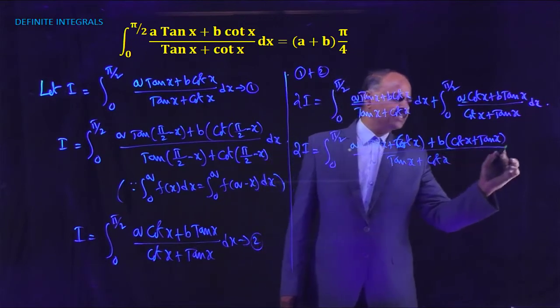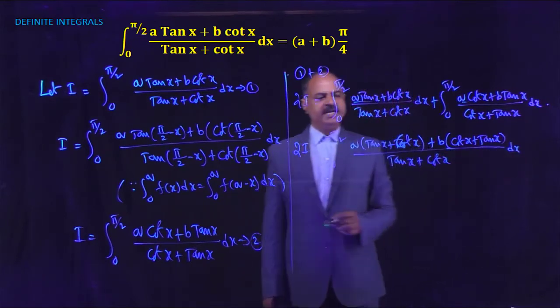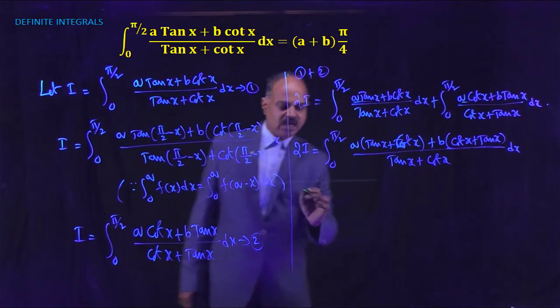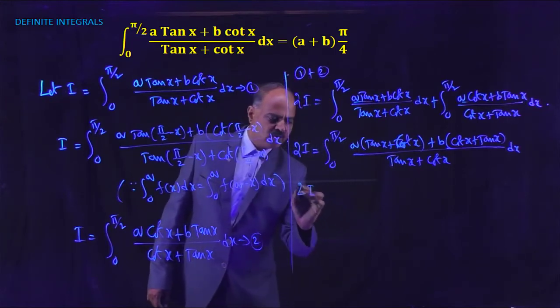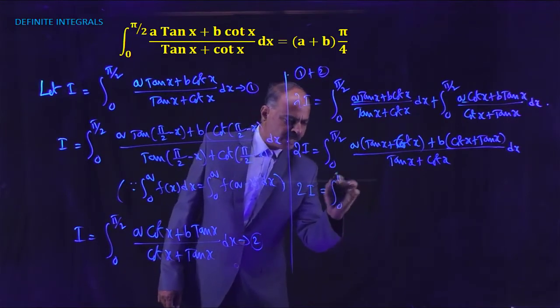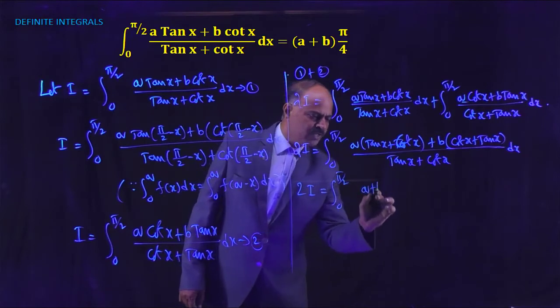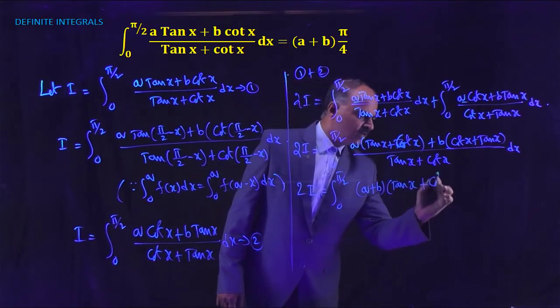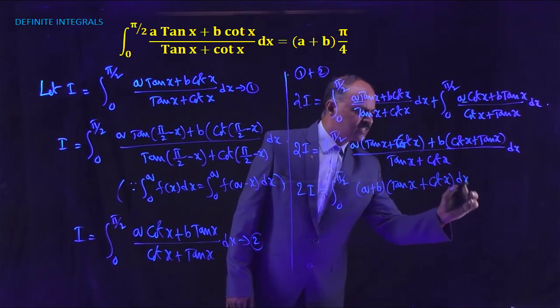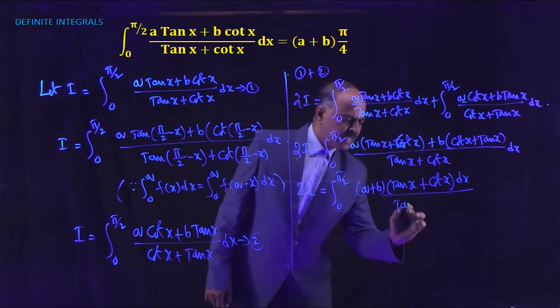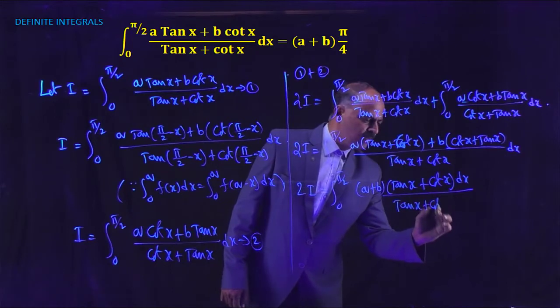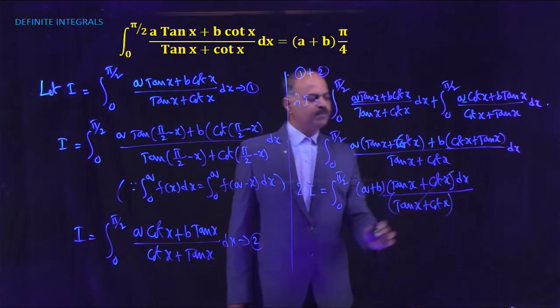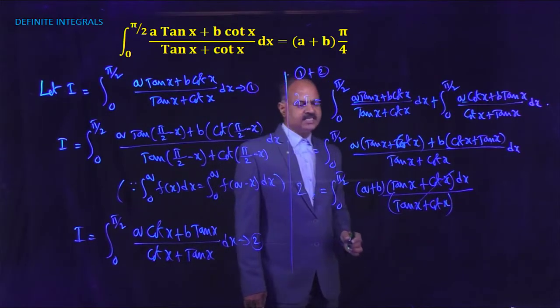Now in the numerator tan x plus cot x is common, so 2I equals integral 0 to pi by 2 of (a plus b) into (tan x plus cot x) dx by (tan x plus cot x). Here tan x plus cot x and tan x plus cot x get cancelled.